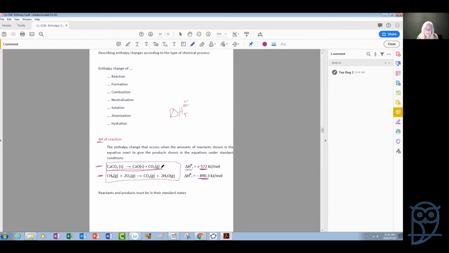So when we see this value here, this value corresponds to 1 mole of calcium carbonate producing 1 mole of calcium oxide and 1 mole of carbon dioxide. Whereas in this second reaction, this is the value of the enthalpy change when 1 mole of methane reacts with 2 moles of oxygen and produces 1 mole of carbon dioxide and 2 moles of water.